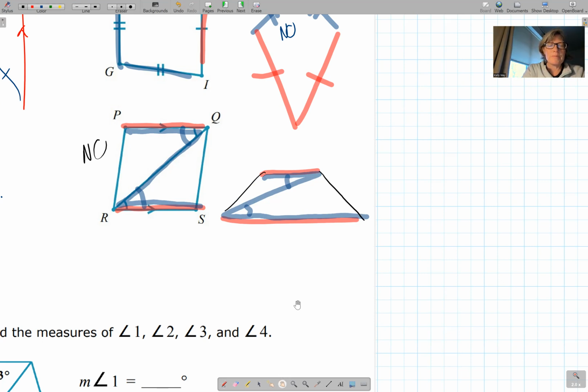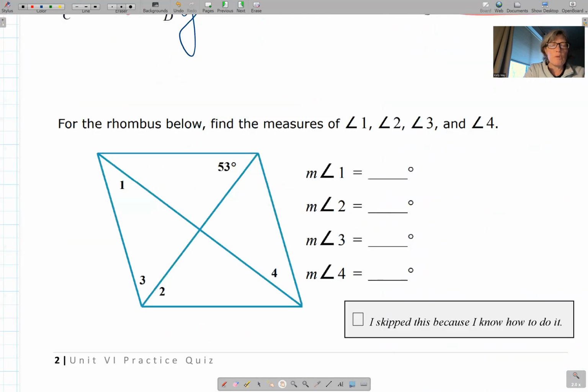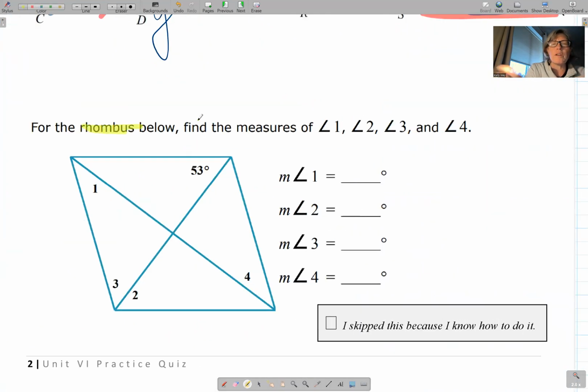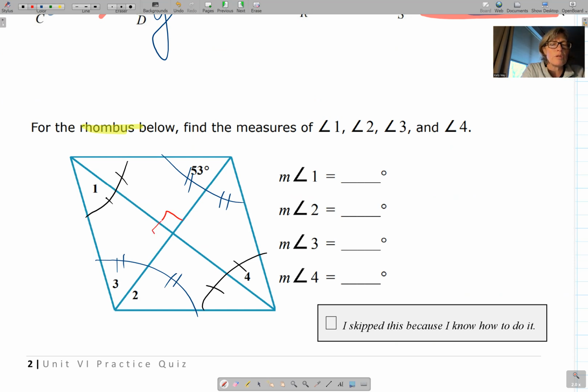It says below the figure is a rhombus. Find all the measures, really simple. A rhombus bisects the corners, and the key to many problems is there's also a right angle. So you could just walk this over: 53, 53, 53, 53.